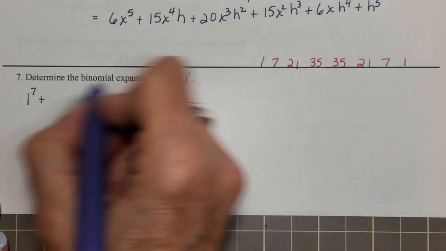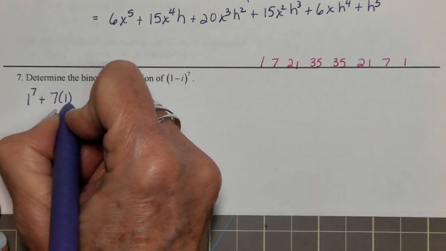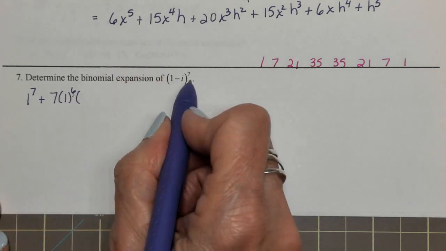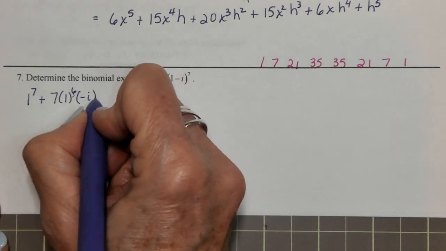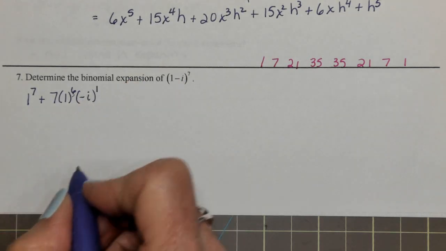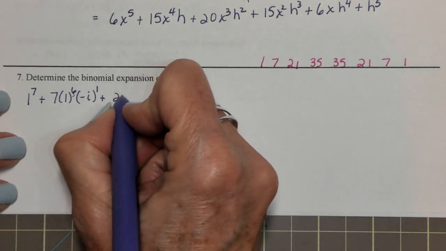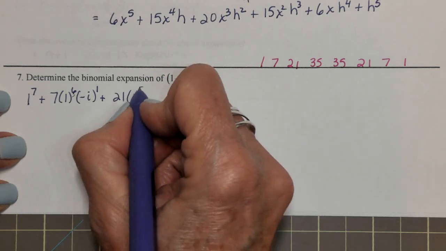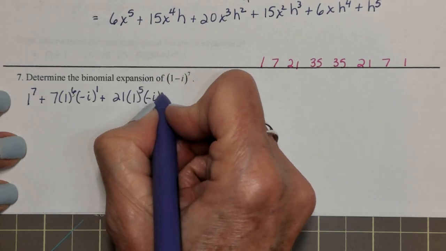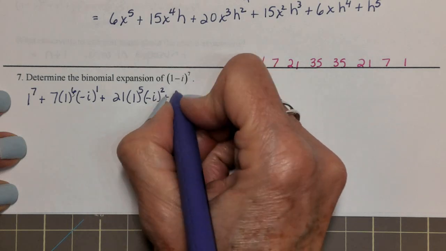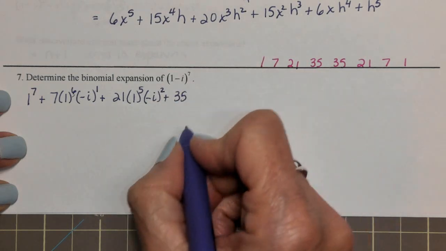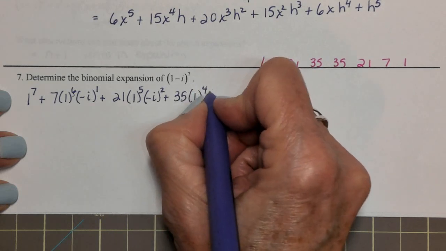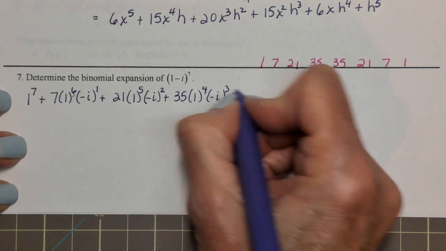Plus 7 times 1 to the 6th, times negative i to the 1st, plus 21 times 1 to the 5th, times negative i to the 2nd, plus 35 times 1 to the 4th times negative i to the 3rd.